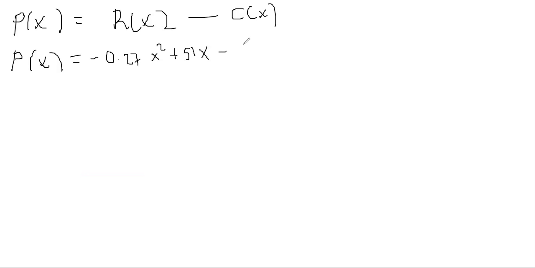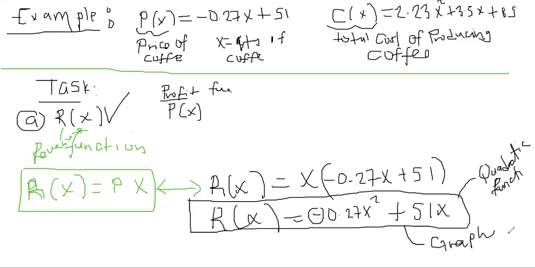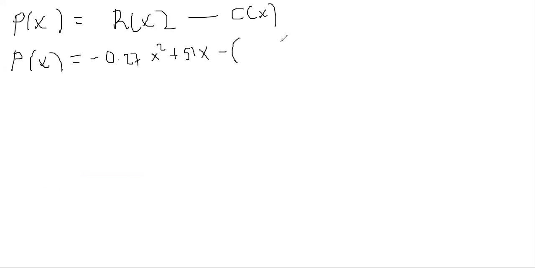Then minus the cost, we put it in bracket. And we know our cost already is this one, so we use that: 2.23x raised to the power of 2 plus 3.5x plus 85.